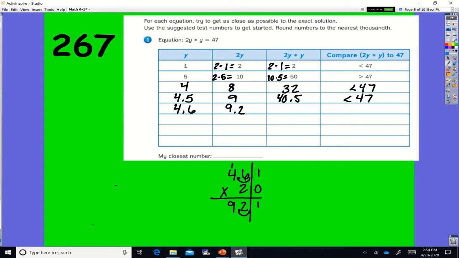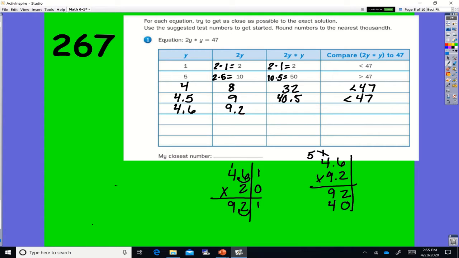Now I multiply these both out. So I'm going to do 4 6/10 times 9 2/10. 6 times 9 is 54. 9 times 4 is 36, plus 5 more.